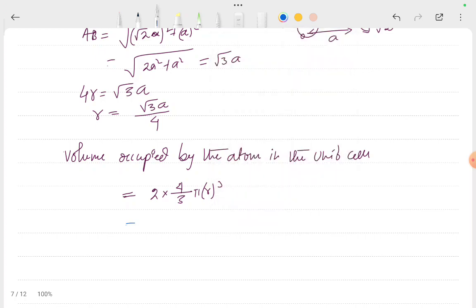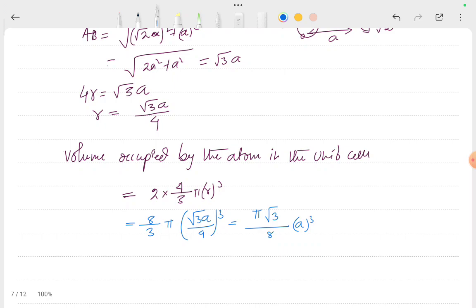So that is equal to 8 upon 3 pi r, where r equals root 3A upon 4 whole cube, and that is equal to pi root 3 upon 8 A cube. So this is the volume occupied by the atoms in the unit cell.